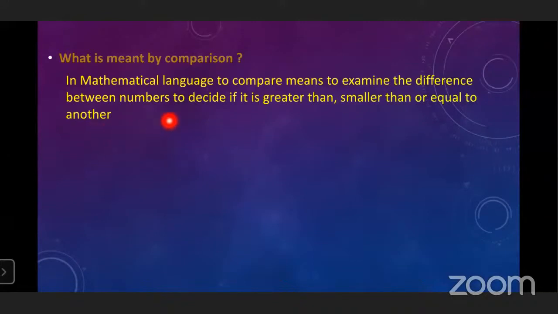Means in mathematics, when we compare numbers, one number will be greater than, smaller than, or equal to the other. These three types are here: greater than, smaller than, and equal to. Understood?